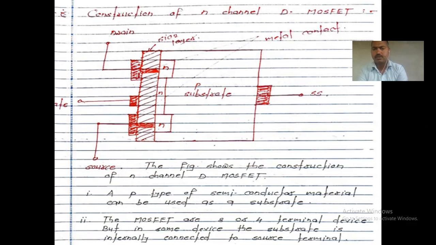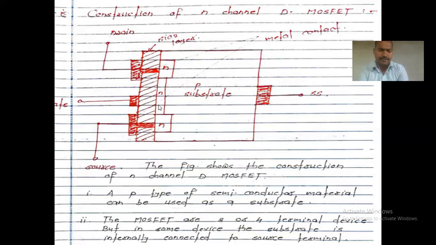Between the drain and source, they are connected to the internal N-type bar through a middle layer called the silicon dioxide layer, right? That has some reason, which we will tell further on.